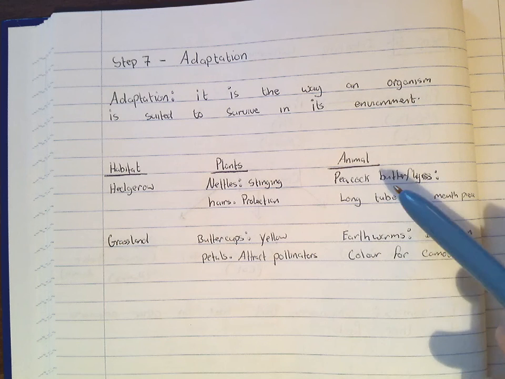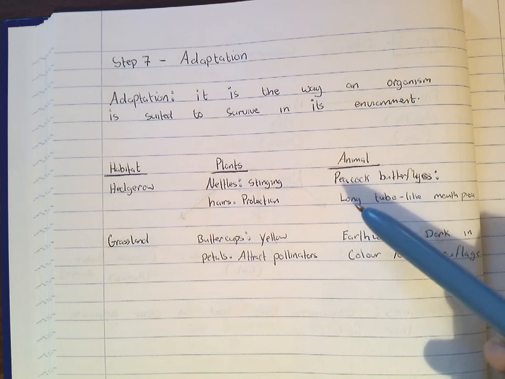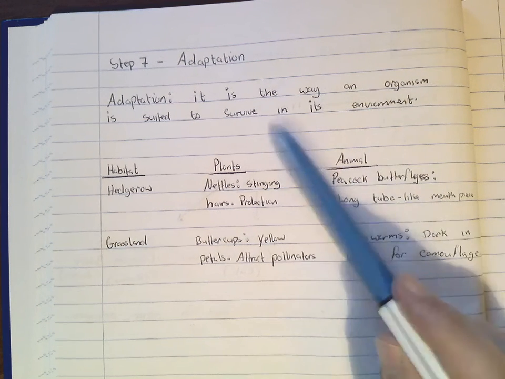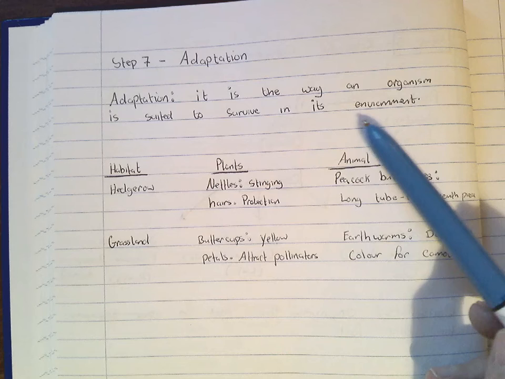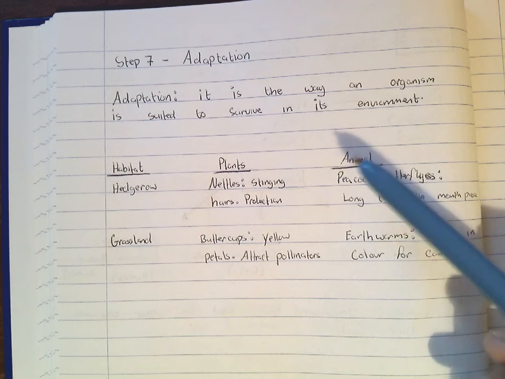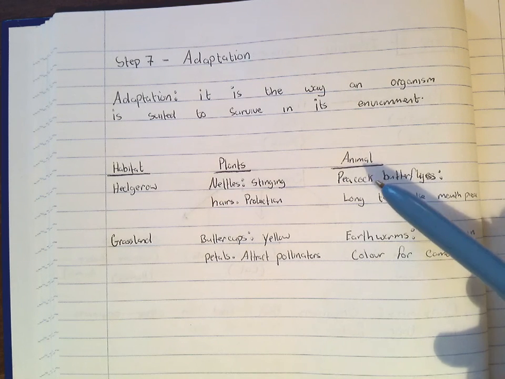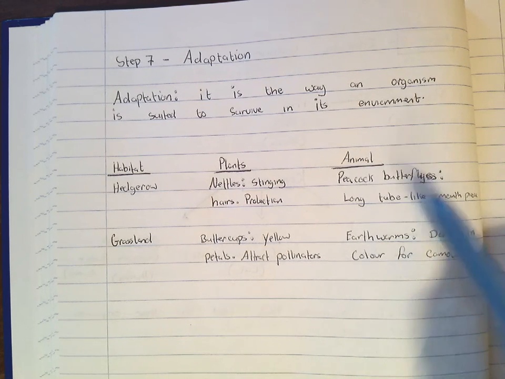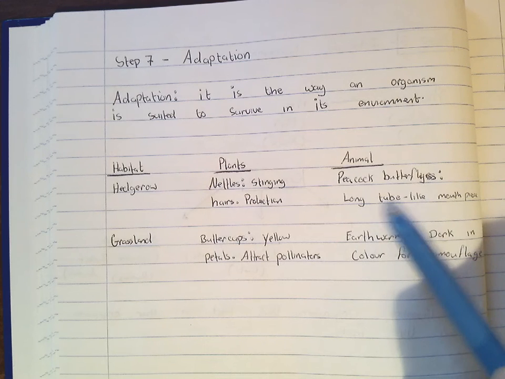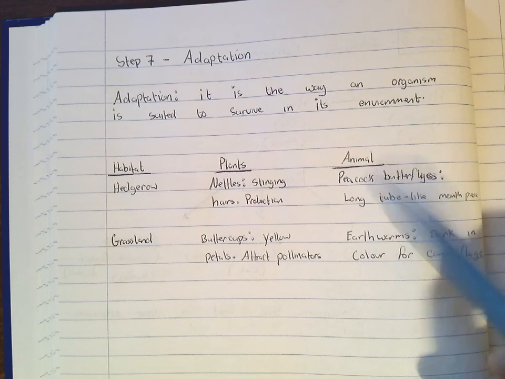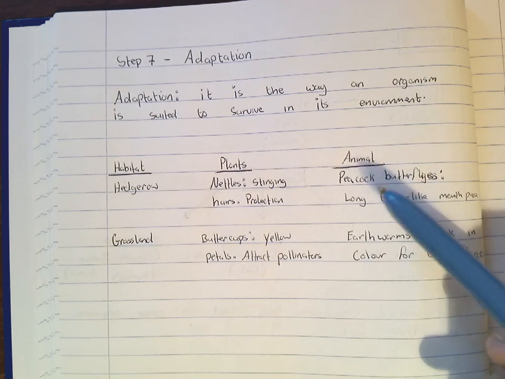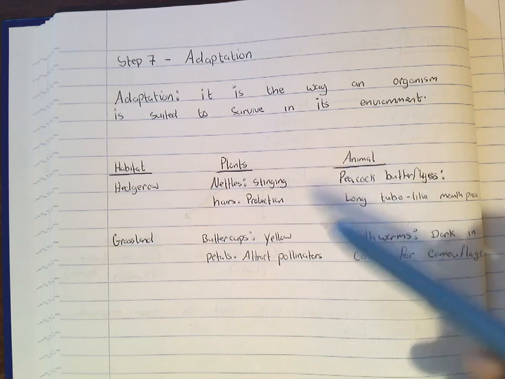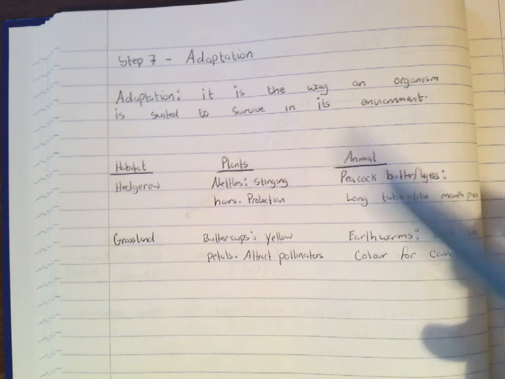So because they have access, they will survive longer in their environment. If they survive longer, they're more likely to reproduce. And if they reproduce, this trait or adaptation will be passed on to their offspring. And then, if the environment stays the same, they'll have the benefit of access to this nectar as well.